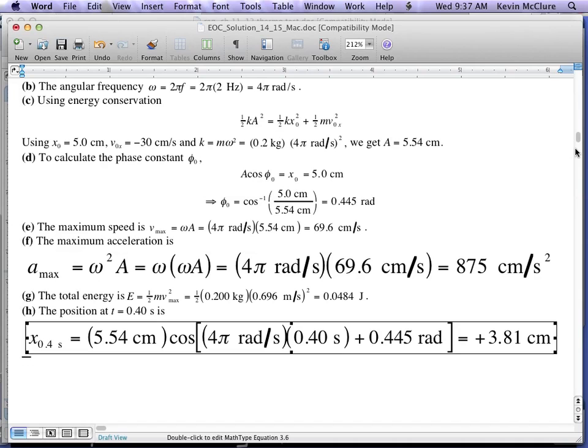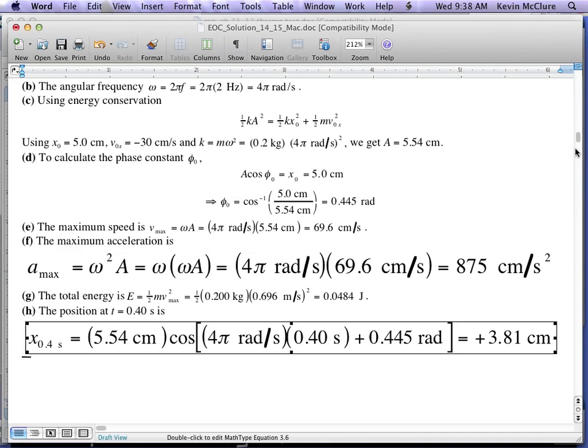Other questions? Yeah. For the energy conservation, is it 1/2 kx squared for a spring? Yes. Isn't this a spring? I thought it was a spring on a mass. Okay, so 1/2 kx squared would be the energy of our oscillating object. 1/2 ka squared would be the maximum potential energy stored in the spring.